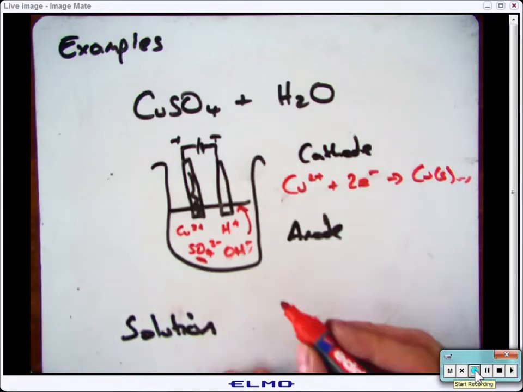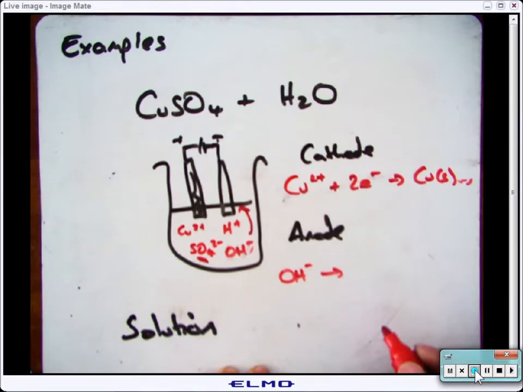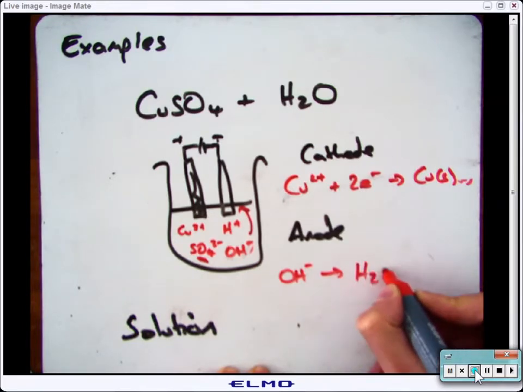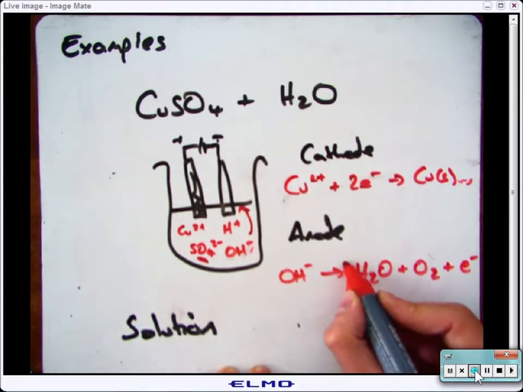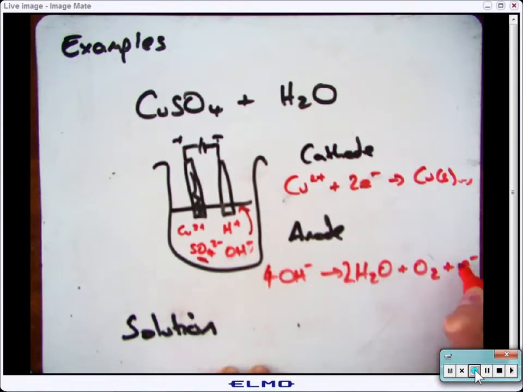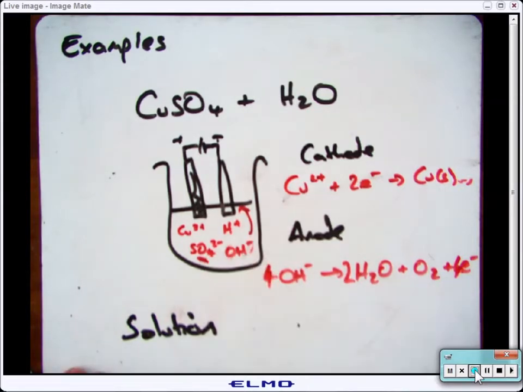And this is slightly more complicated because the OH- will turn back into H2O and oxygen and your electrons. Now when you work that out and balance it, it works out like that, and I'll go through that with you in a bit more detail another time. So that leaves you in the solution with hydrogen and sulfate, which is sulfuric acid.